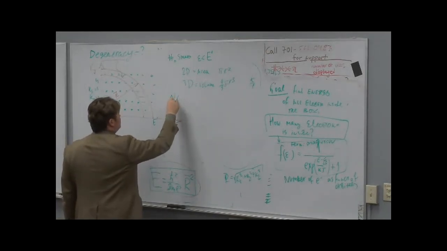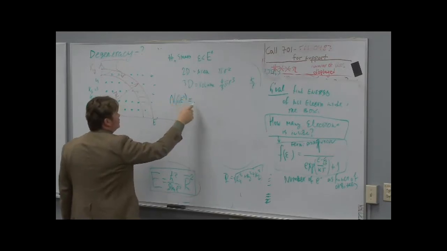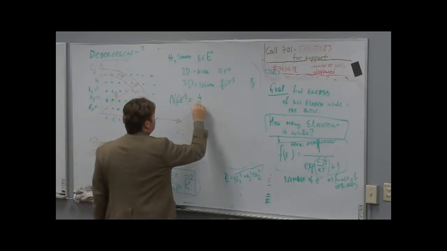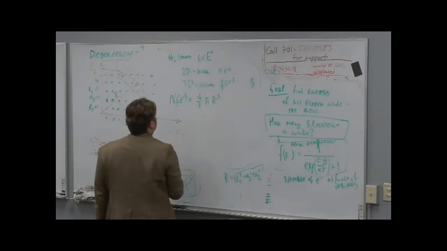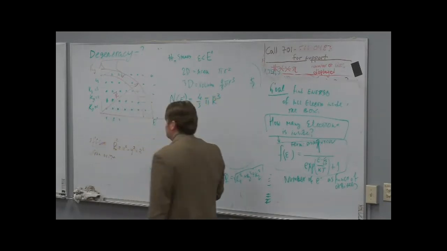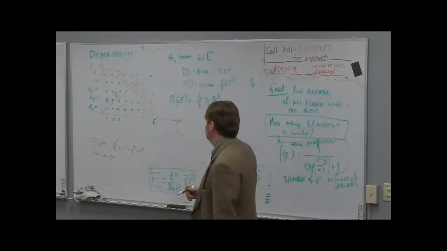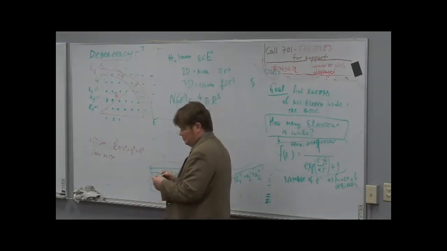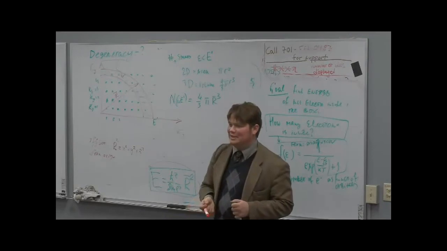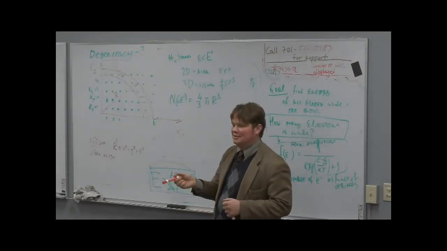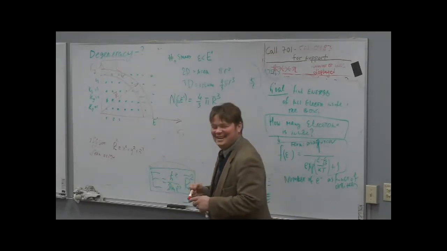The number of states that correspond to energy less than E prime will be 4/3 pi r cubed, and we need to divide by 8. We will add the Levi factor.